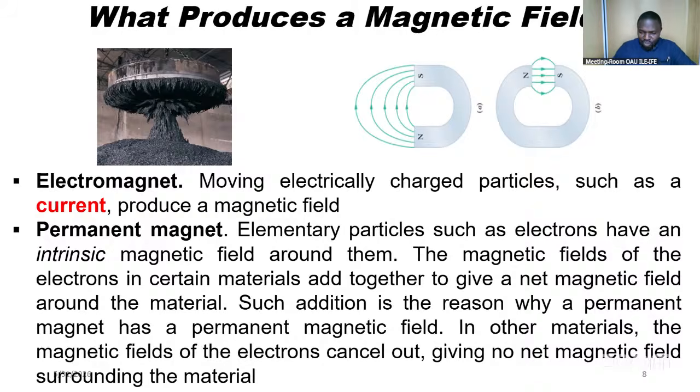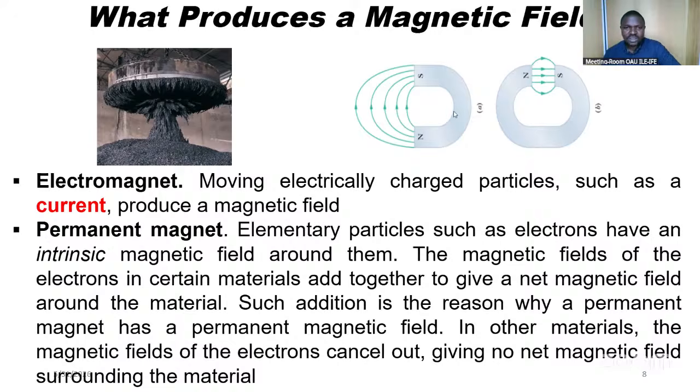But I believe from what I've told you today, you know that what has been established to produce a magnetic field is a moving electric charge particle in the form of current, and the other one, an elementary particle such as the electron, can also produce a magnetic field. Do you understand it now?